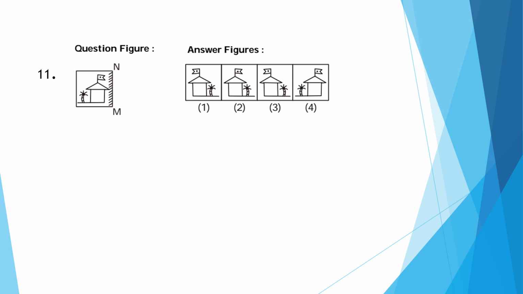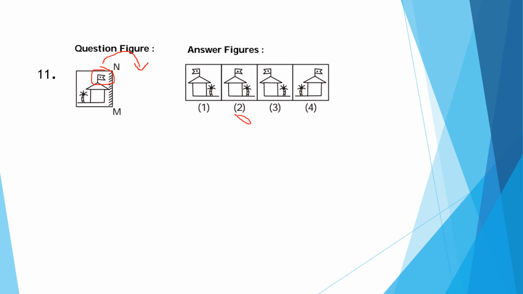11th one. In this question figure, the mirror image comes in this direction, turning left to right. Observe one flag showing on the right side, and in the mirror image this one turns to the left side. In the first option the flag is left, and in the second and third options the flag is also in the left direction.